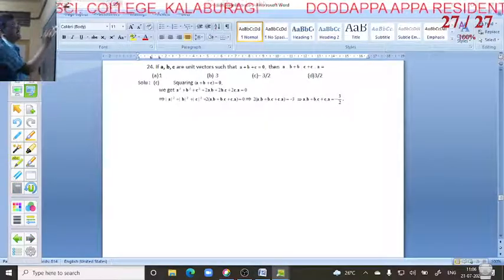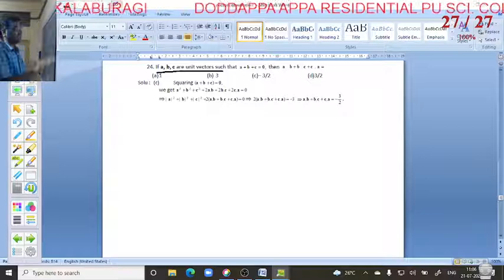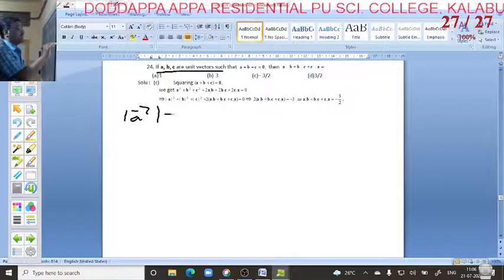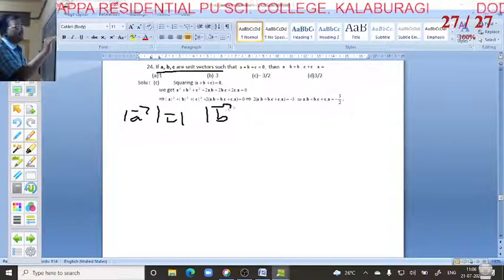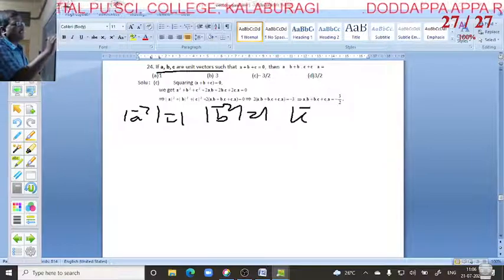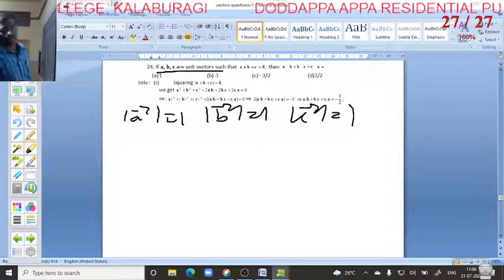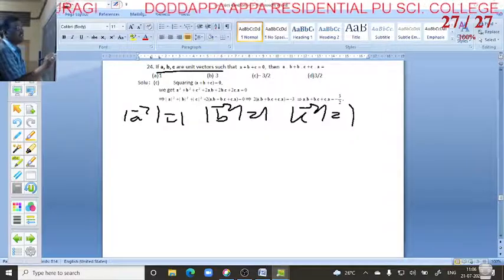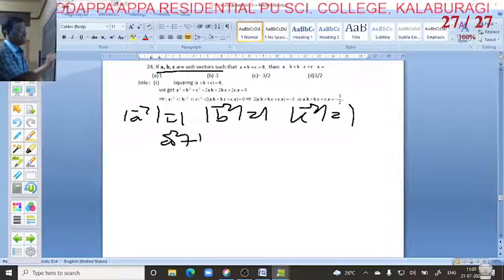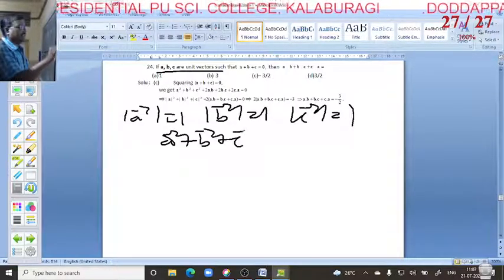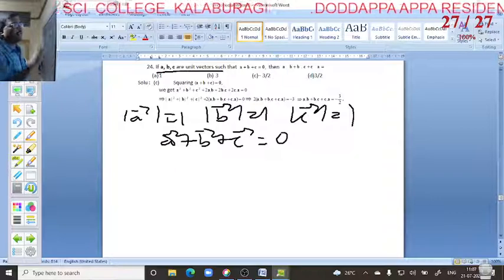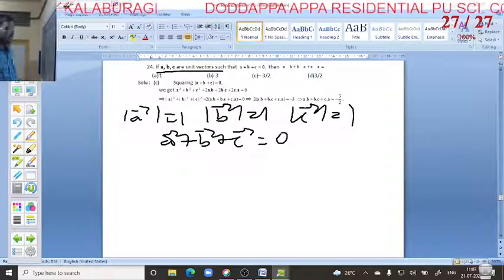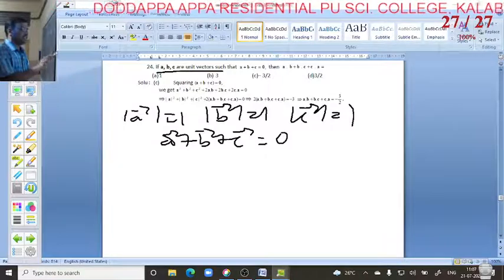Next, very important. Here, vectors A, B, C are unit vectors, meaning the magnitude of vector A equals 1, of vector B equals 1, and of vector C equals 1. The given condition is vector A plus vector B plus vector C equals 0. Now you can find this value. I will square both sides.